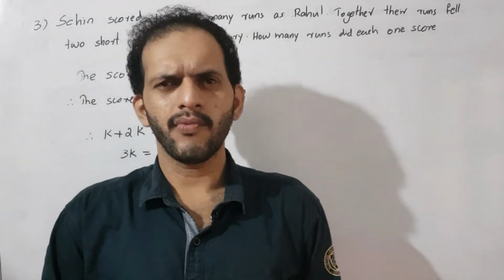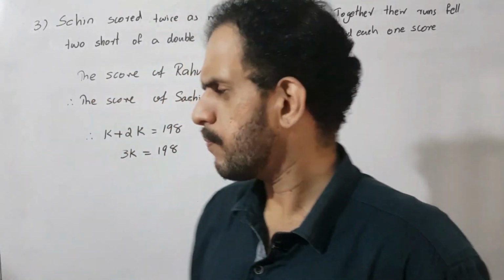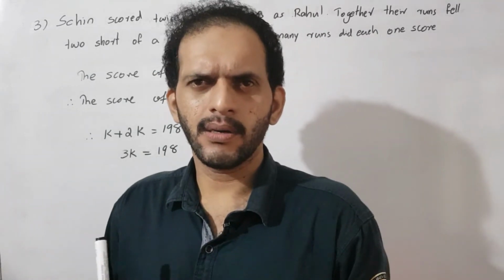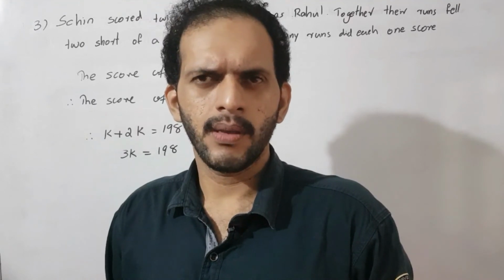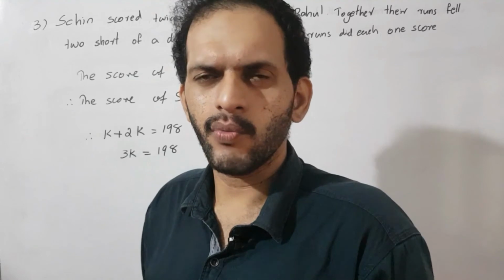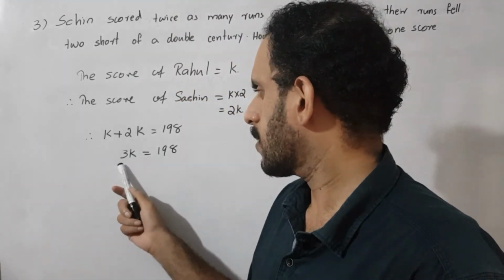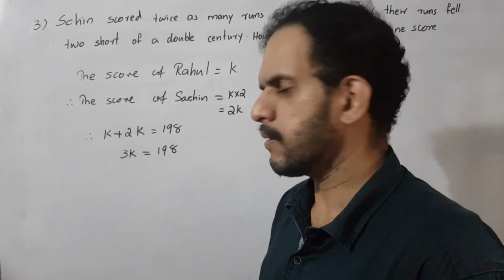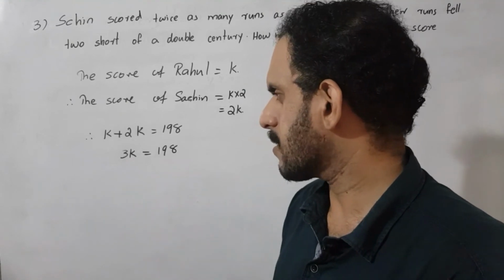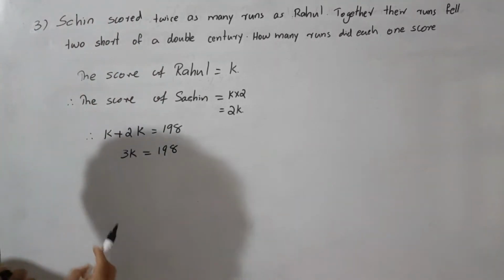Then after getting the equation, we check. Here, do we have a term not containing the variable on the LHS? No, we do not have a term not containing the variable. Then next we check, do we have a number with the variable? Yes, we have a number with the variable. What is that? 3. Then what are we doing? 3 and K are multiplied here. Correct. So to find the value of K, we transpose 3 to the side of RHS. Then what happens is it changes to division.